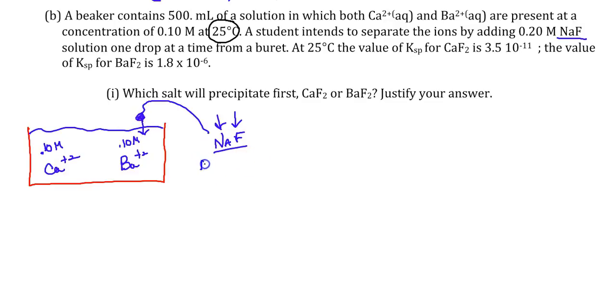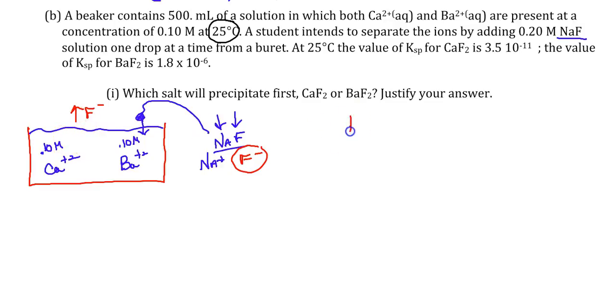What are we really adding? Well, we're adding sodium ions, which is not going to really matter here because there are no sodium ions involved, so that's a spectator. But we're really adding a common ion, which is F negative. So we're increasing the F negative concentration. And what are they giving me?